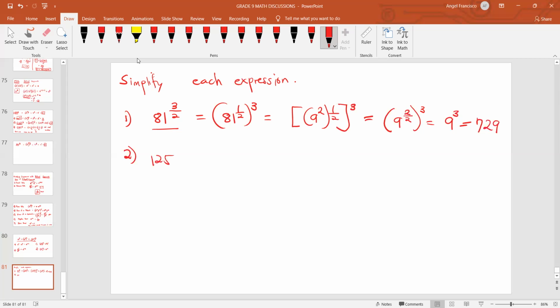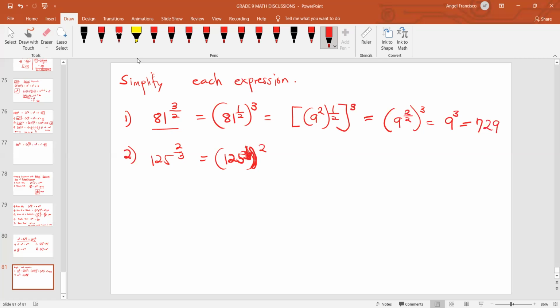Number 2, 125 raised to the power of 2/3. Okay? So we can say that 125 can be raised to the power of 1/3, right? 1/3 raised to the power of 2. Okay? So 1/3 ito.